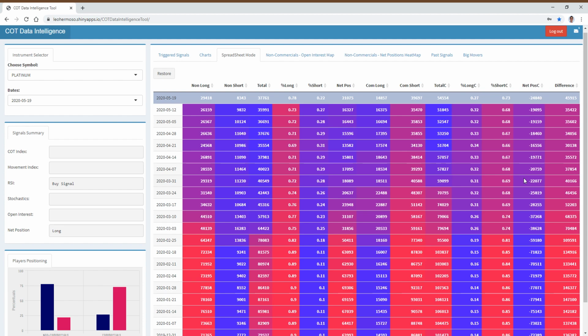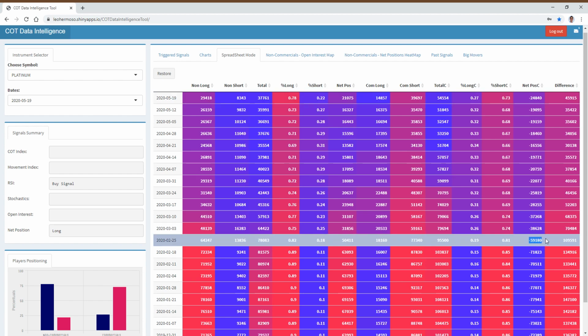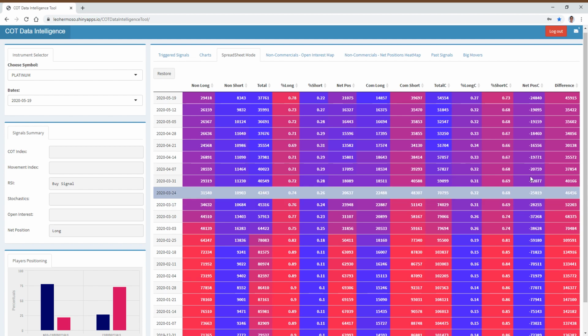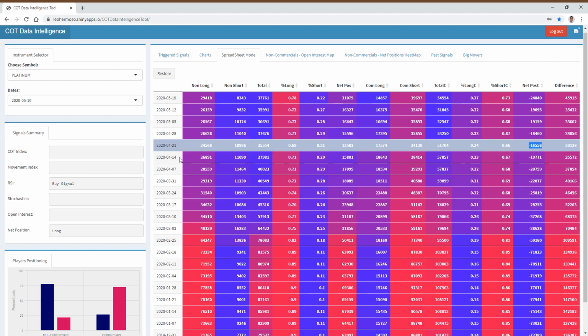The first thing, friends, we can see is that in the beginning they had a huge short position, and they started to cut their shorts. Then at the start of May, end of April, right here, they start adding shorts again.